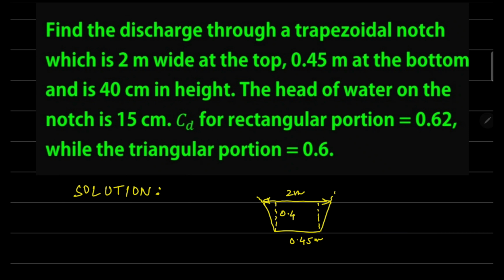The only thing is that this value is not given to us, so the distance between these 2 points is not known to us. First of all we have to figure out this value, and then by using this triangle we can figure out what will be our theta by 2. Then we will have the complete dimensions of this trapezoidal weir.